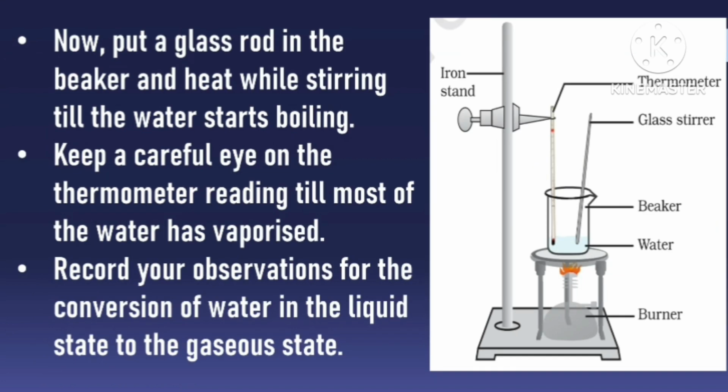Now put a glass rod in the beaker and heat while stirring till the water starts boiling. Keep a careful eye on the thermometer reading till most of the water has vaporized. Record the observation for the conversion of water in the liquid state to the gaseous state.